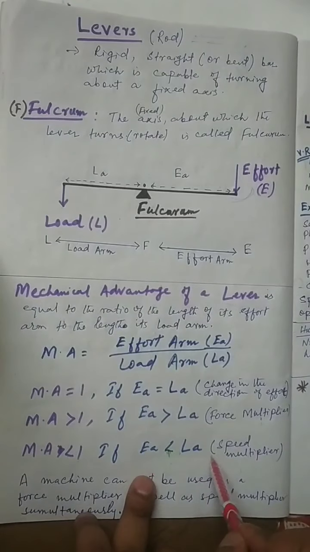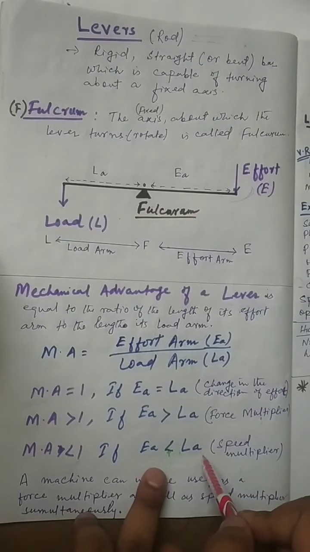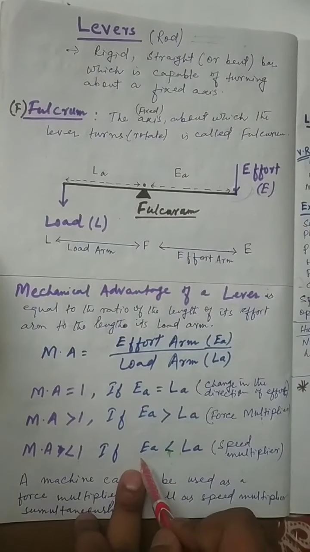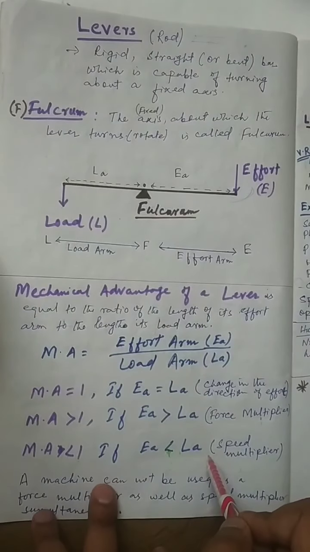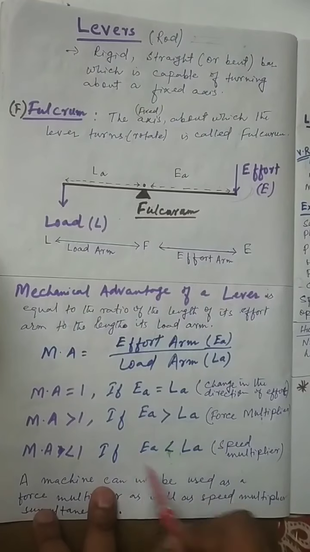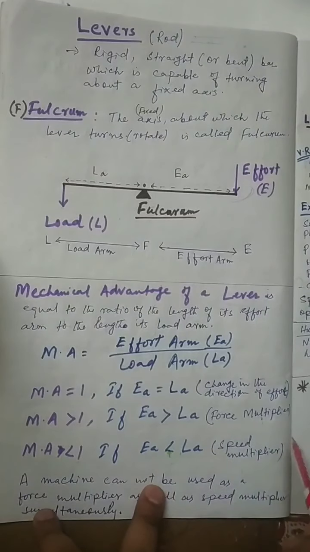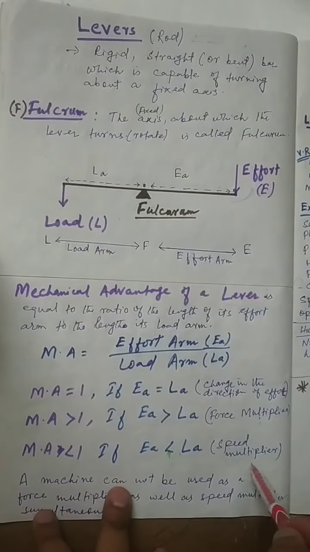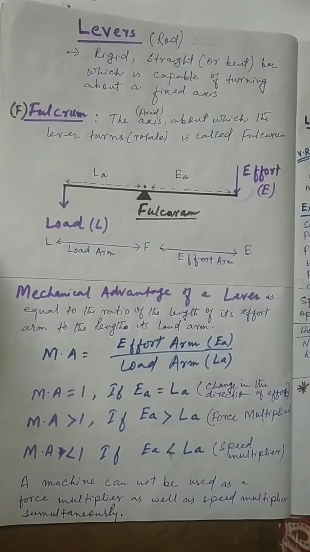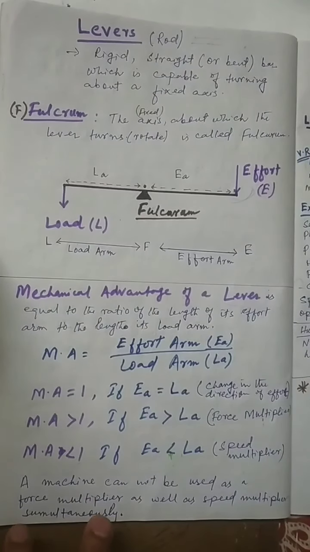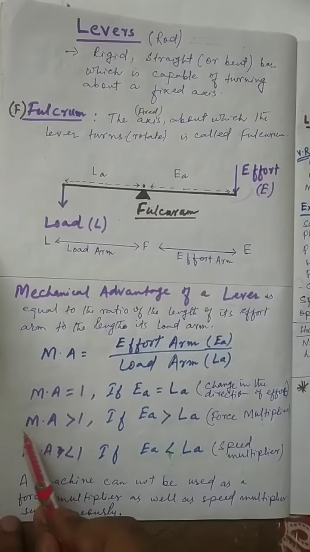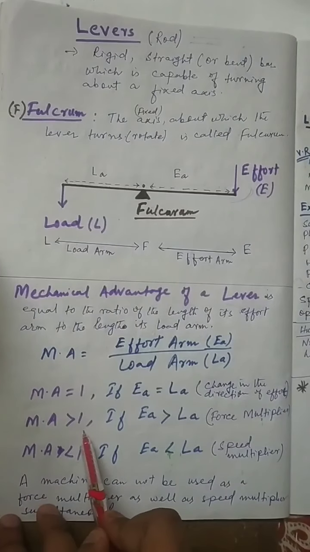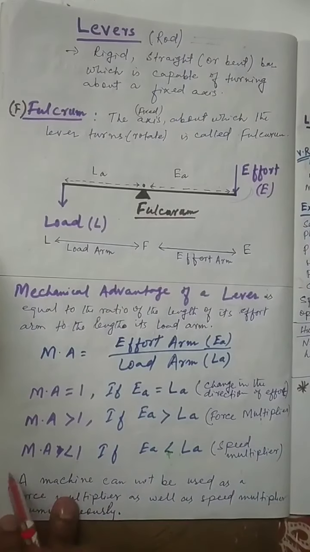But if you are using knife, then the shape of the cloth may be damaged, and that shape will also not be cut. So scissor saves our time. Many other examples we will discuss in the second class lever in detail in next video. Just remember this one: mechanical advantage greater than 1, force multiplier; mechanical advantage less than 1, speed multiplier.